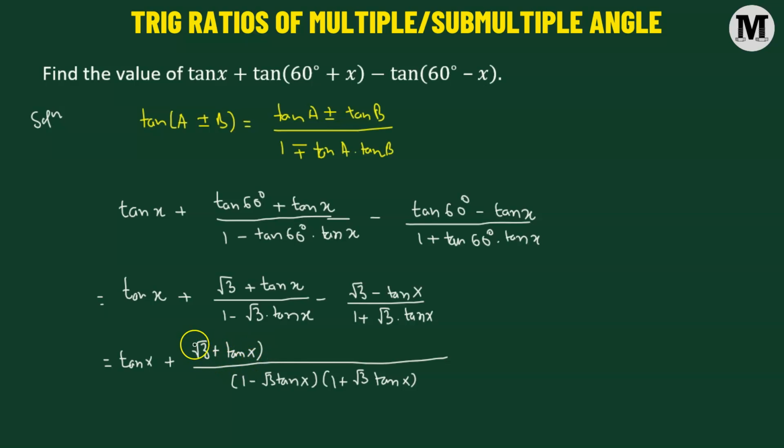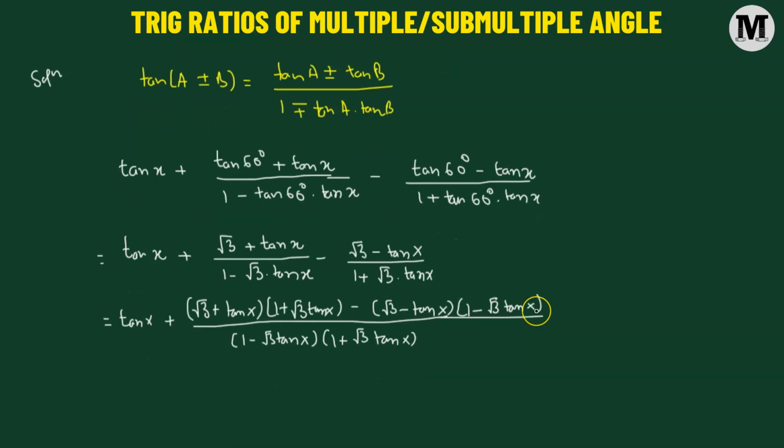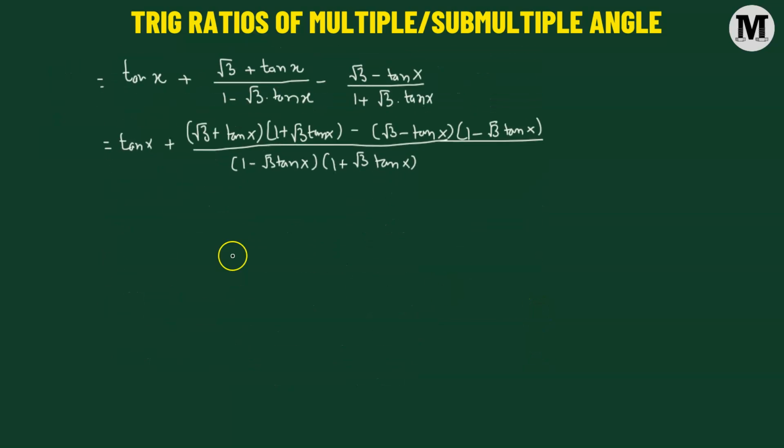This will get multiplied with the denominator of the third term. So that's 1 plus square root of 3 times tangent of x minus, we take the numerator of the third term, that's square root of 3 minus tangent of x, and this gets multiplied to the denominator of the second term. So that's 1 minus square root of 3 times tangent of x. Fine. Now we will further simplify.